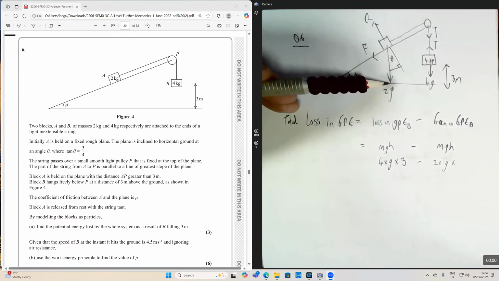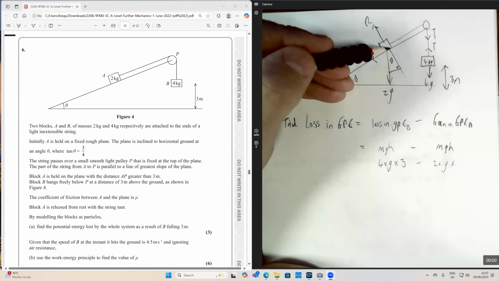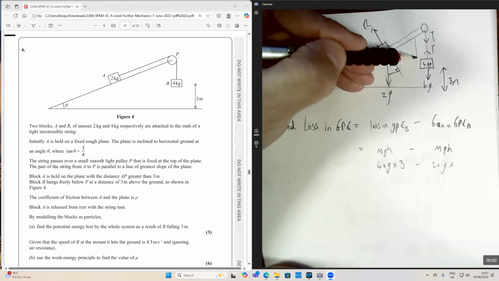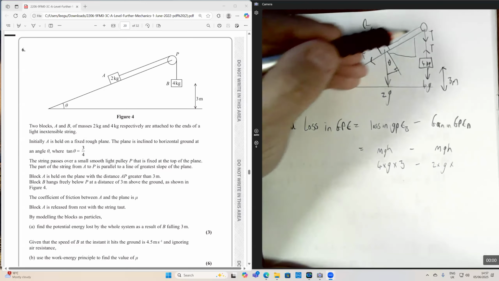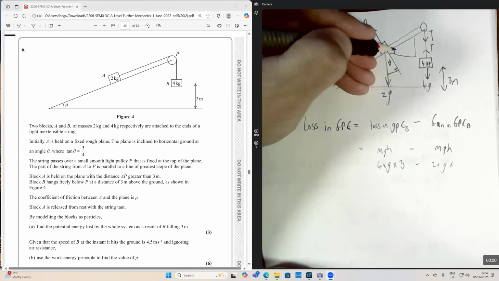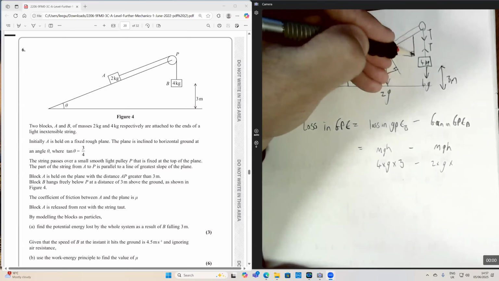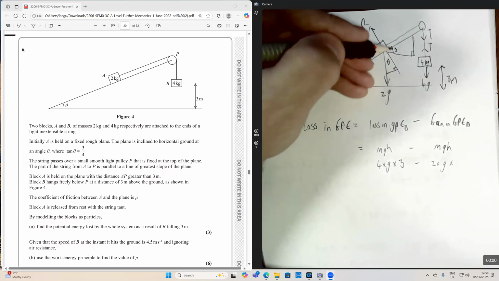We want the component that is going up the plane, so it's going to be 3 times sine theta. Because if we visualize it, it's gone from there to there, and here is our angle theta, and this is the opposite that we want. So this is our gain in gravitational potential energy.